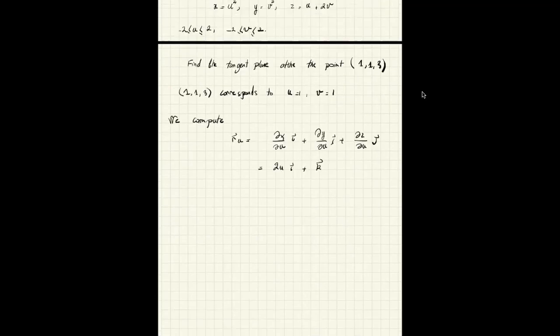Now, if you compute r_v, it'll be ∂x/∂v, ∂y/∂v, ∂z/∂v. This is v, not u. And it will be equal to 2v i plus 2k, okay?